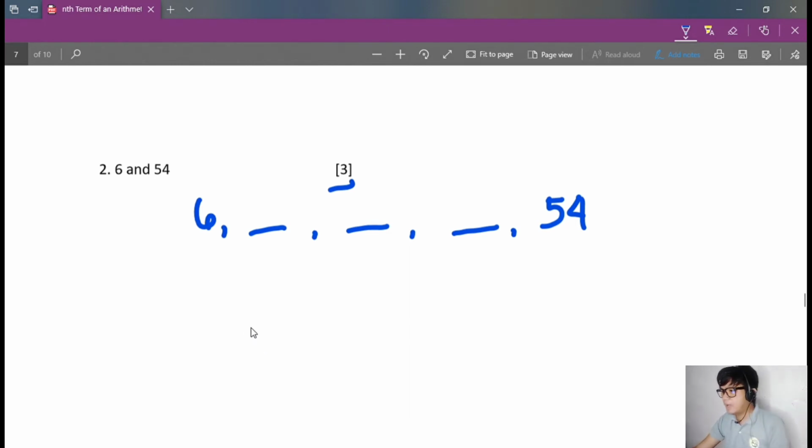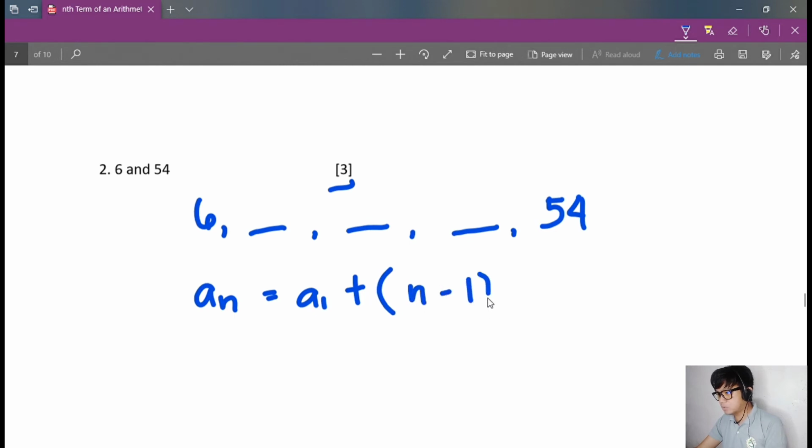Now, there is a derivation of finding the common difference. So, di ba ganito yung formula ng arithmetic mean. A sub n is equal to a sub 1 plus the quantity of n minus 1 times d.